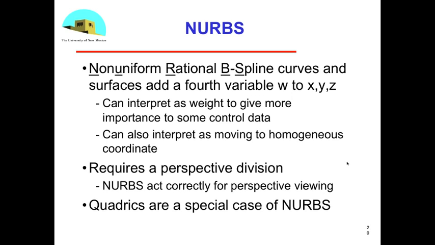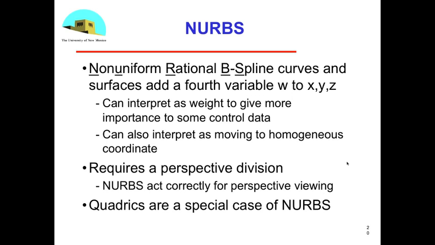So what do you do at the end? You get three polynomials, x of u, y of u, and z of u, and a fourth polynomial, w of u. But to get back into normal space, we do essentially a perspective division. So I use x of u over w of u, y of u over w of u, and z of u over w of u. That's what's called a rational function. The ratio of two polynomials in u is a rational function in u.